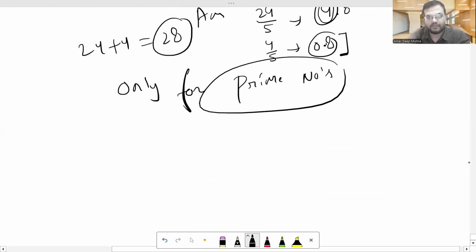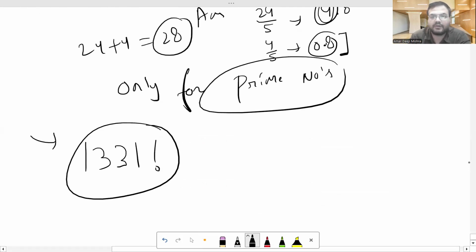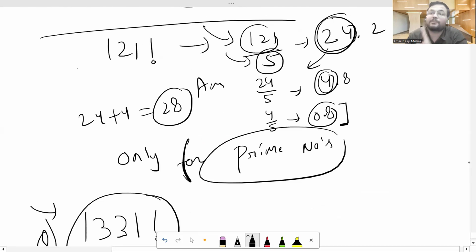So one question to you: how many trailing zeros are at the end of 1331 factorial? I told you that this rule is applicable for prime numbers also, meaning you can find out the power of any prime number using this concept. So I will take up this concept, I mean, how to find out the power of any prime number and how to find out the power of any composite number.